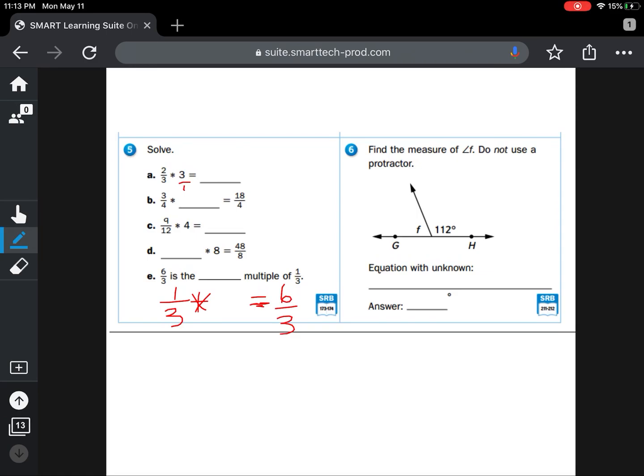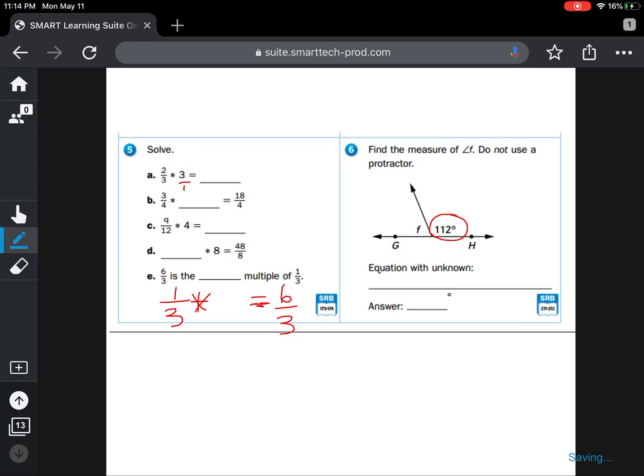For number 6, they do not want you to use a protractor. What they want you to do is realize that angle GH, or that straight ray there, or line down at the bottom, is 180 degrees. So from G to H, that's 180.